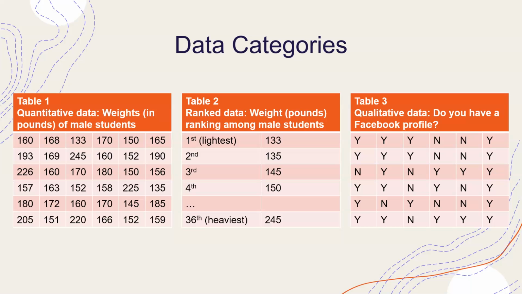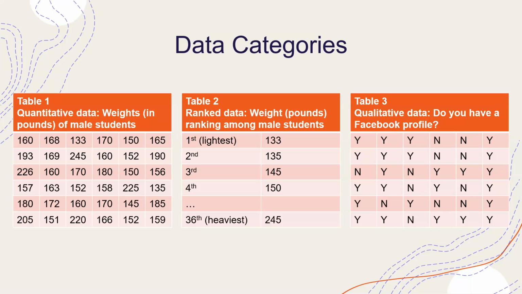If the weight in Table 1 had been replaced with ranks, beginning with a rank of first for the lightest weight of 133 pounds and ending with a rank of 36 for the heaviest weight of 245 pounds, these numbers would have been ranked data, since any single observation represents not an amount, but only relative standing within the group of 36 students.